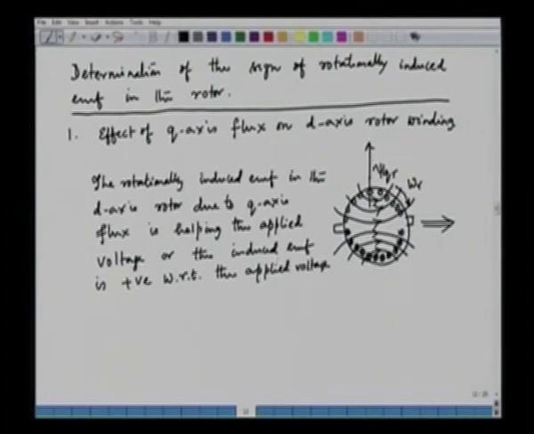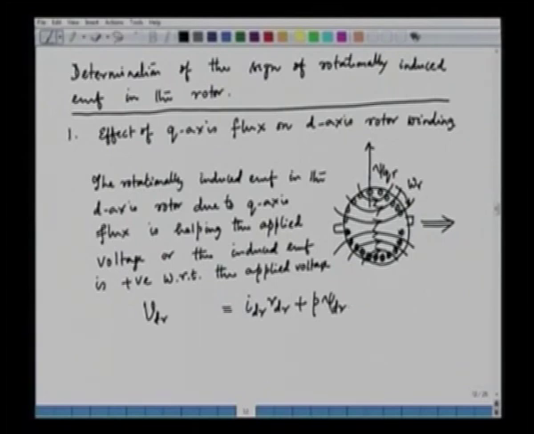So we can say that if you write down the equation for the rotor, VDR is the rotor applied voltage in the d axis, and we wrote the equation that it is equal to IDR RDR, the resistive drop, plus P psi dr, the statically induced EMF, and we had a confusion about the sign.